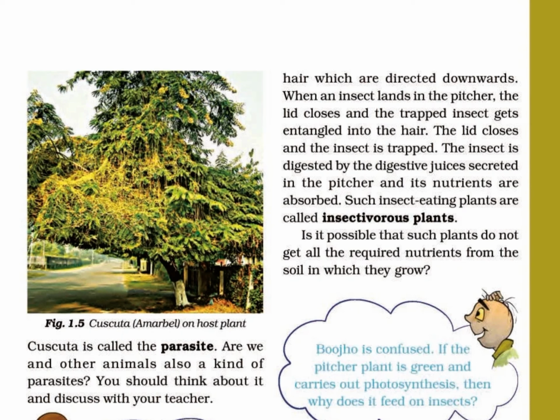So when an insect lands in a pitcher, what is a pitcher? Pitcher is a plant, as you will know in the upcoming lines. When an insect lands in a pitcher, the lid closes and the trapped insect gets engaged in the hair.